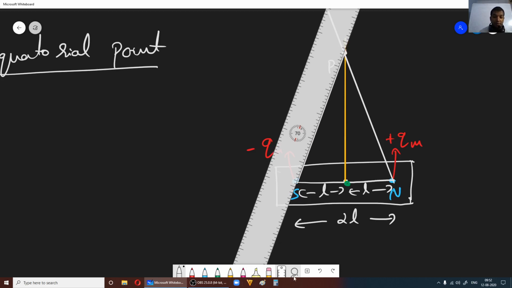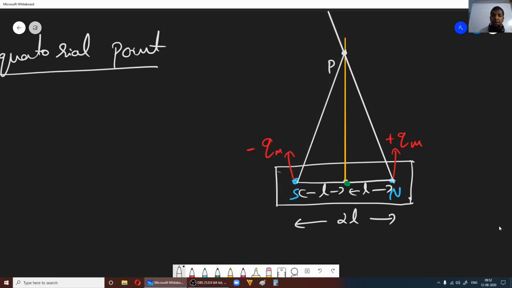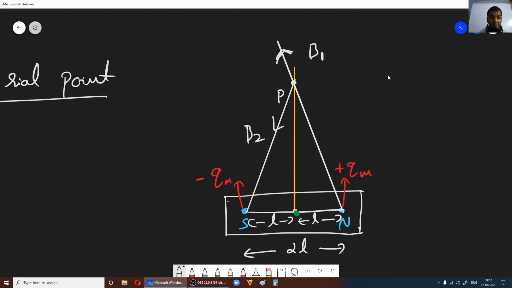So just draw the directions. B1 will be along the line NP, so let us say this is B1. Now B2 will be along the line PS. Fine. Now let us define this as the angle theta.